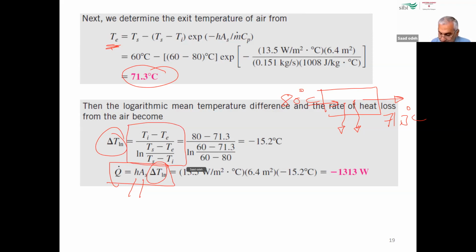So delta T lm is now minus 15. We use this value in this equation to get the heat transfer through the duct. So this is the amount of heat, kilojoule per second or joule per second, we lose when the air flows through the duct.